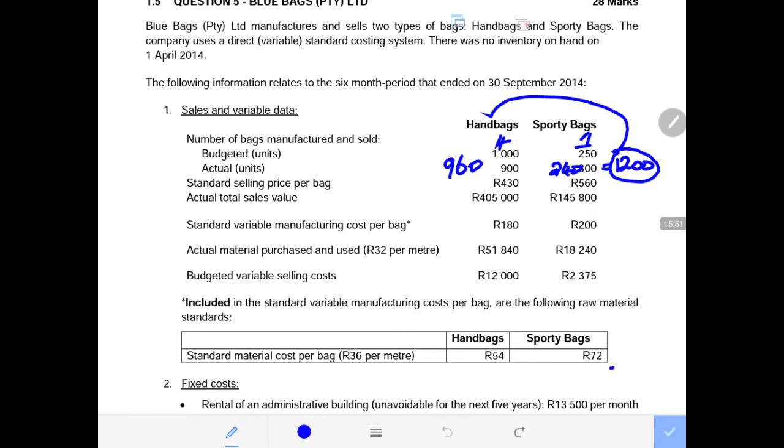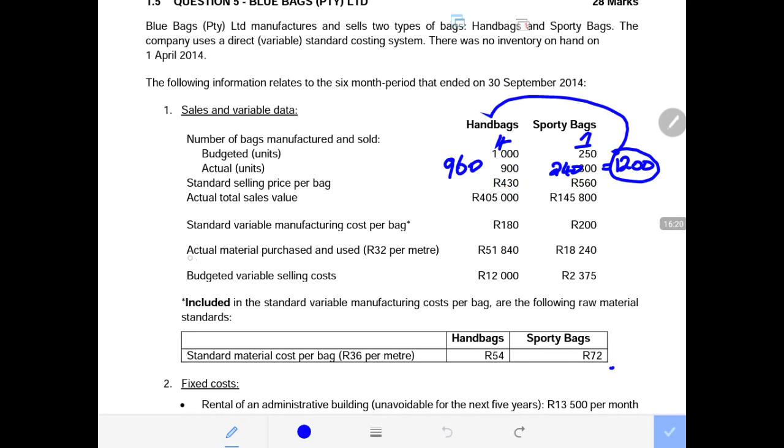That is the actual revenue we received to sell the 900 units and the 300 units. Then our standard variable manufacturing cost per bag is 180 and 200. This is our variable cost. It is very important to highlight that it is variable, because we need to say sales minus the variable cost, 550 minus the variable cost of 200.